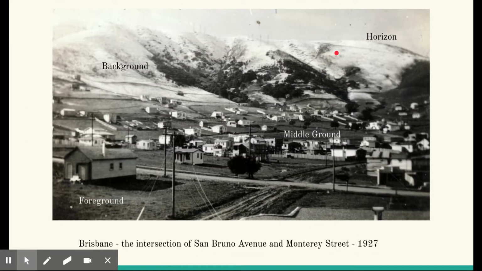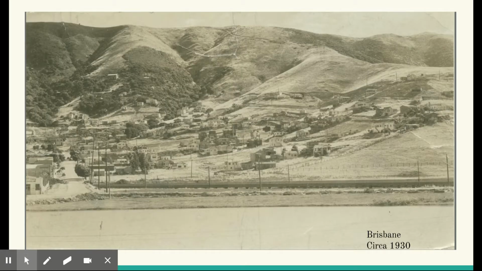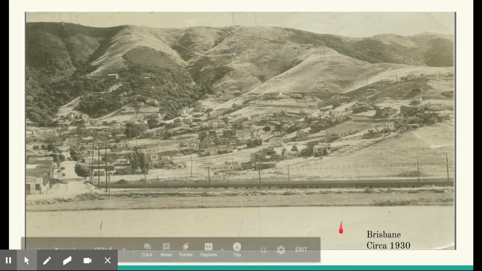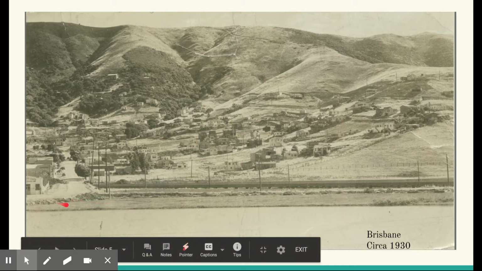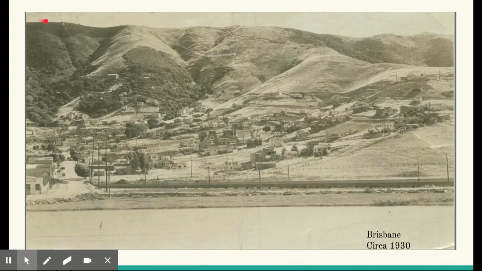So this is 1927. Here we are looking at Brisbane just a few years later. You can see that this is water in the foreground. It's really close, right? And I can even see on this, it says something about a cafe, but you can see this is going to be your horizon all the way across, kind of bumpy, doesn't go too far down.